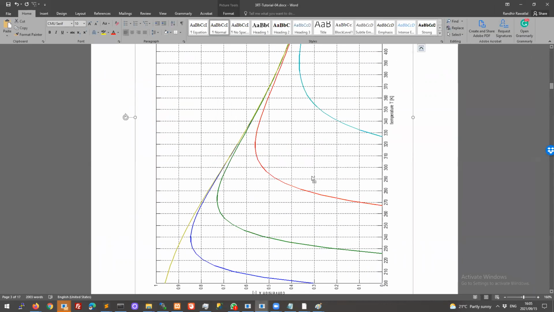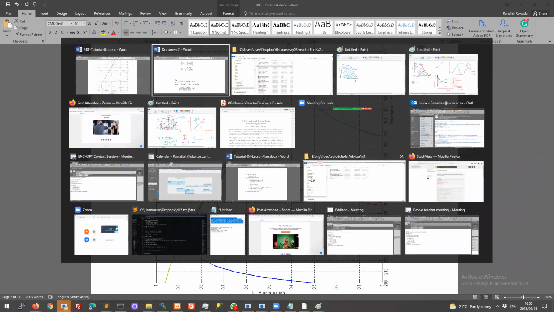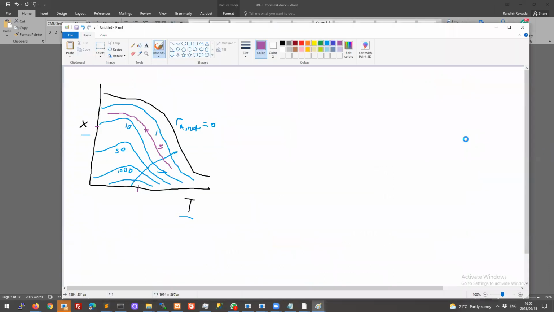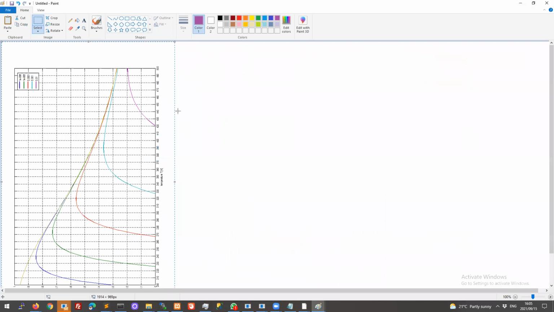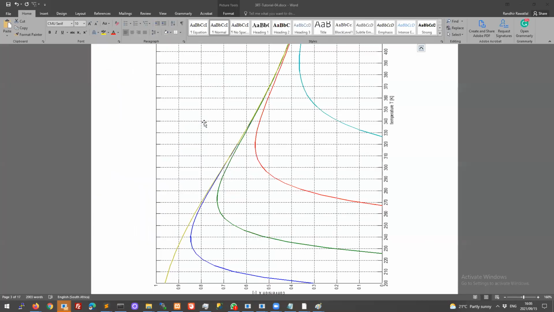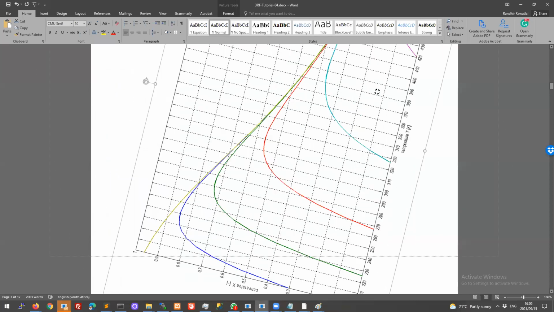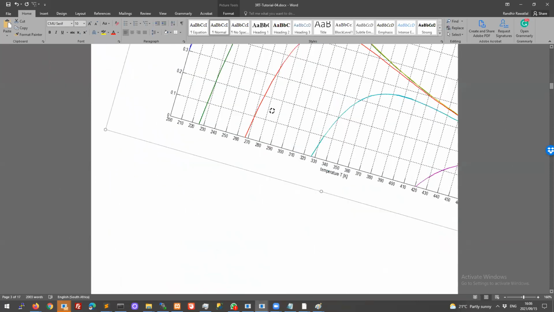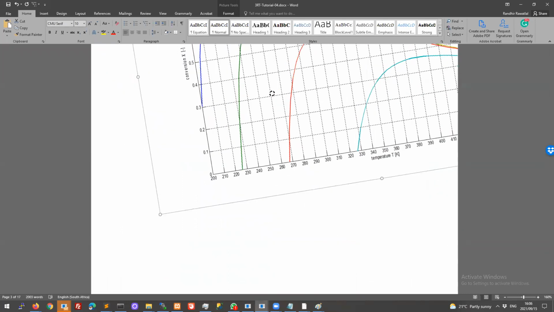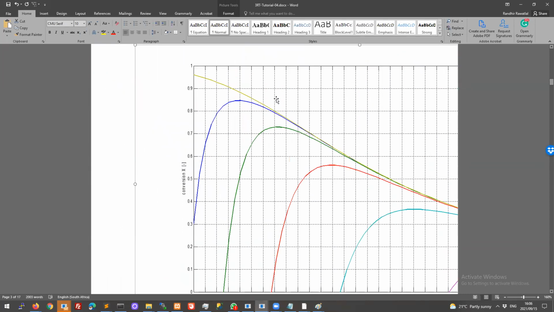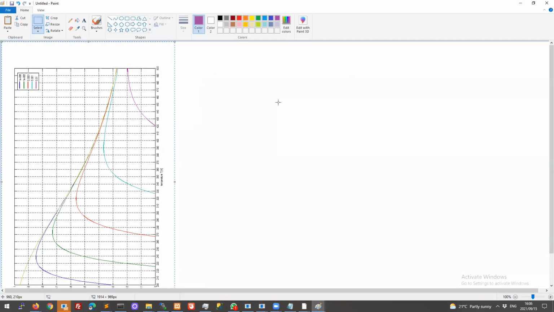So let's take this one. If you look in the tutorial, you'll find that this is cut off. Let's see if I can rotate this here. You'll find the numbers used to generate this figure in the tutorial. So be sure that you are able to generate this.